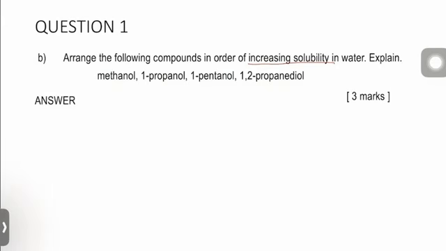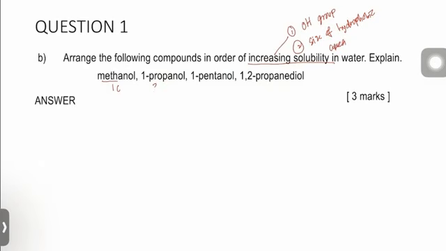But the solubility is affected by, first, the number of OH groups present, and second, the size of the hydrophobic area. The hydrophobic area is the alkyl group of the alcohol compound. Methanol contains only 1 carbon and 1 OH group.